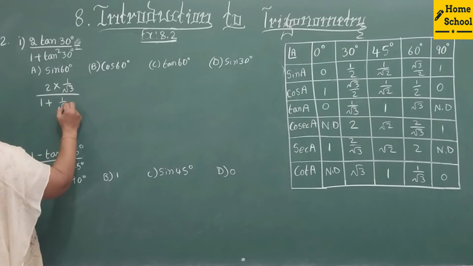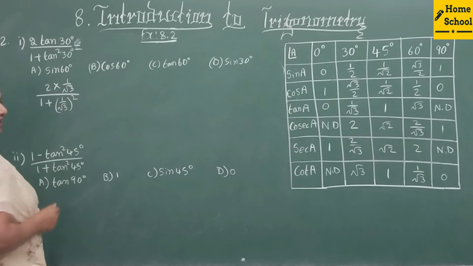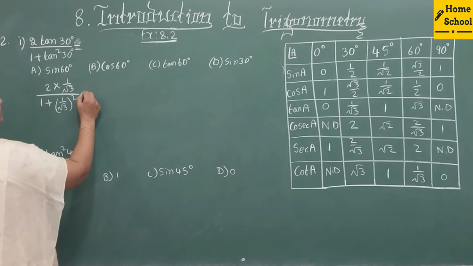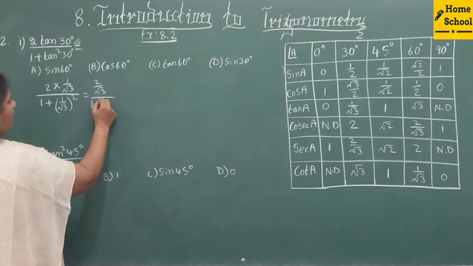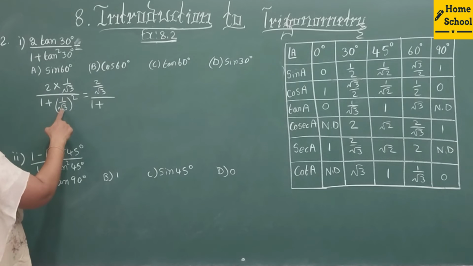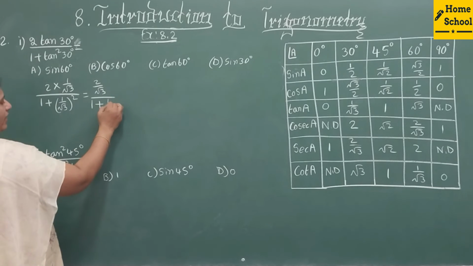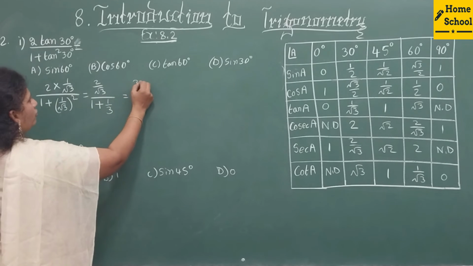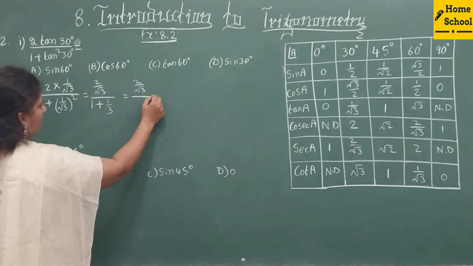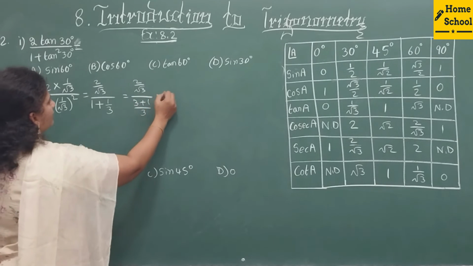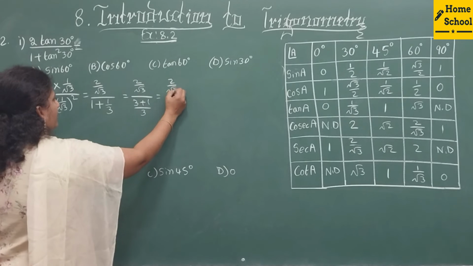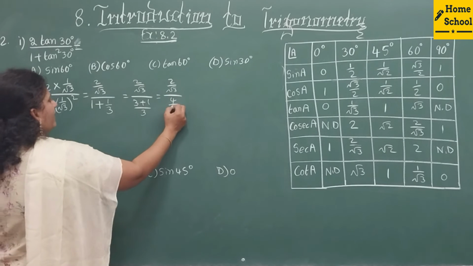That is 1 by root 3 whole square. Okay. Now this one will be 2 by root 3 by 1 plus 1 ones are 1, root 3 into root 3 is 3. 1 by 3. 2 by root 3 by, do LCM, 3 plus 1 by 3. 2 by root 3 by 4 by 3.